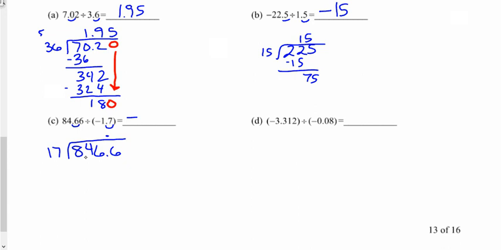Now, 17 doesn't fit into 80, but 17 does fit into 84. Well, I know 5 would be 85. That's too big. So that will go there. 68. Okay, well that's 16, and then bring the next one down. 17 goes into this. It's got to be 9 times, because 10 would be 170.